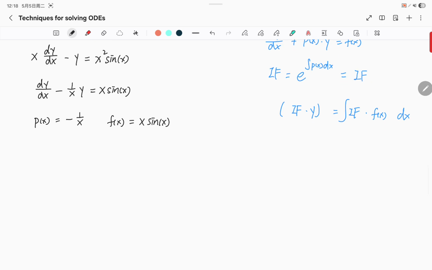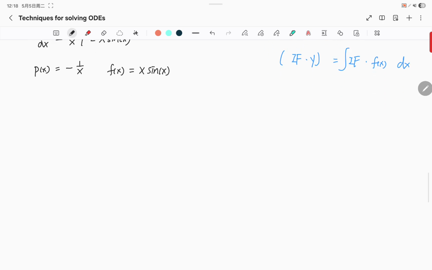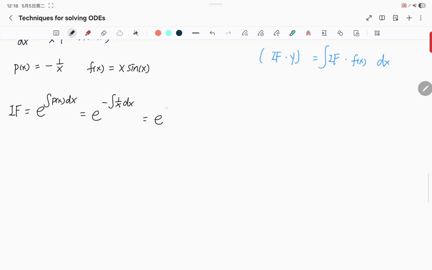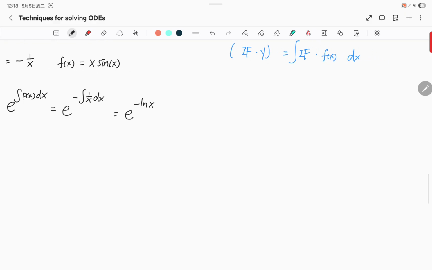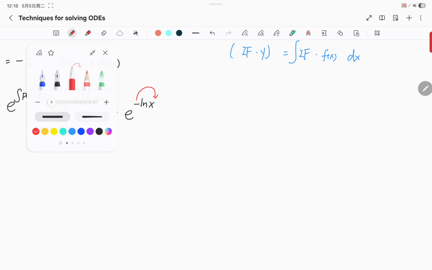Now I can use the technique by getting my integrating factor. The integral of 1 over x is just ln of x. And here's the trick. We're going to put this negative by using the ln identities, as a power of negative 1 on x.